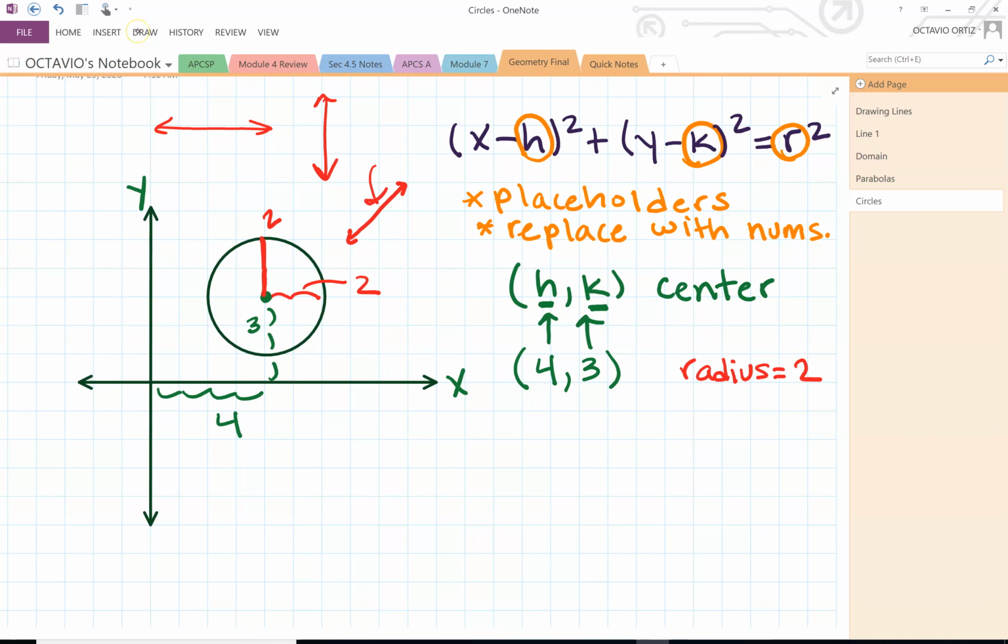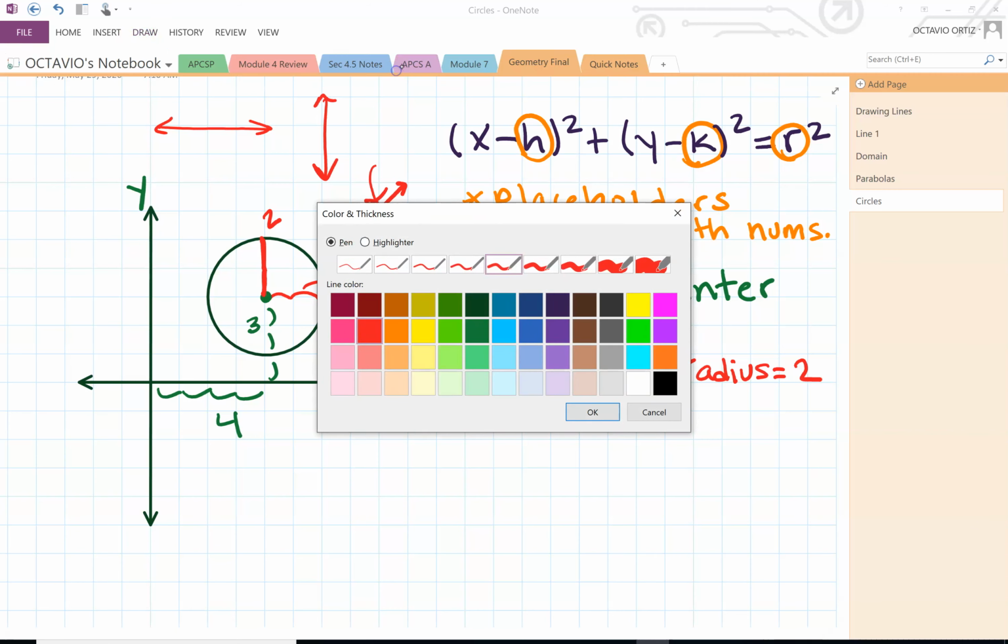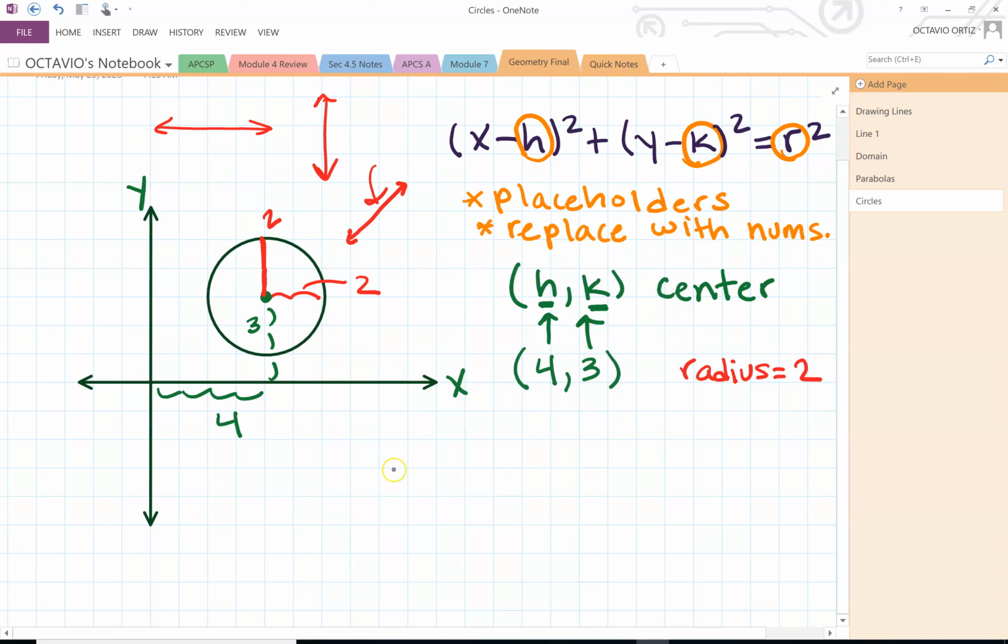And now we have an equation. It's a very simple equation that we can write for this circle. I'm going to write it down here. So the equation for the circle is x minus, and I'm going to color code this. I'm going to just continue with the template, plus y minus, equals, like that.